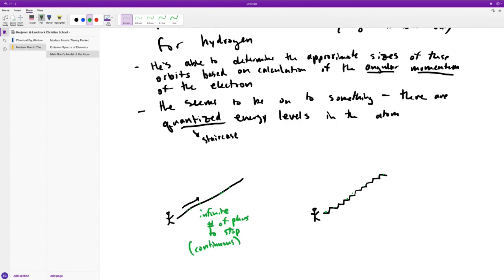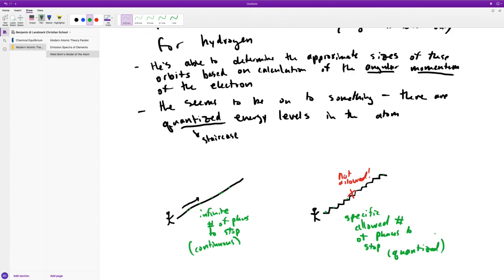Okay, so that one is not allowed, right? You have to be on a step. And this is called a quantized scale. There are allowed places to stop.